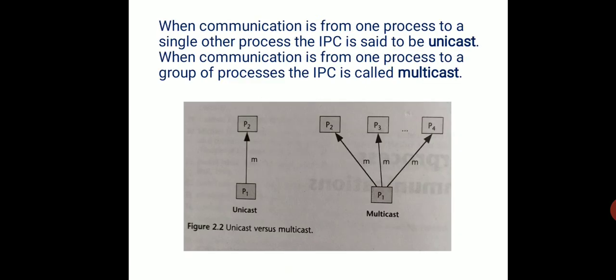Okay, so when communication is from one process to a single other process, the IPC is said to be unicast, and when communication is from one process to a group of processes, the IPC is called multicast. Unicast and multicast. See, in this diagram, the unicast is from one process to a single other process.